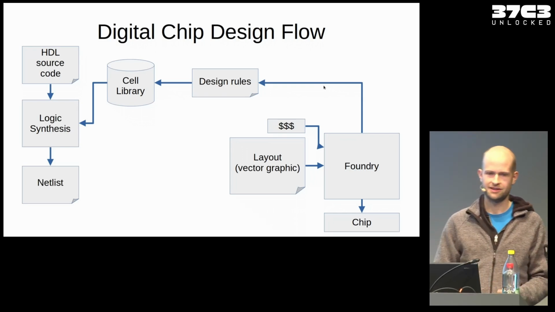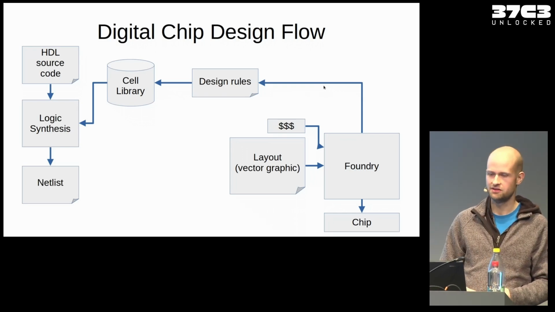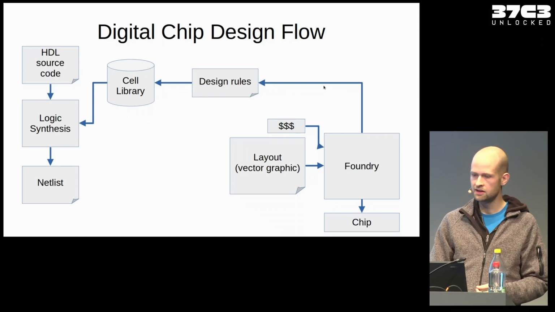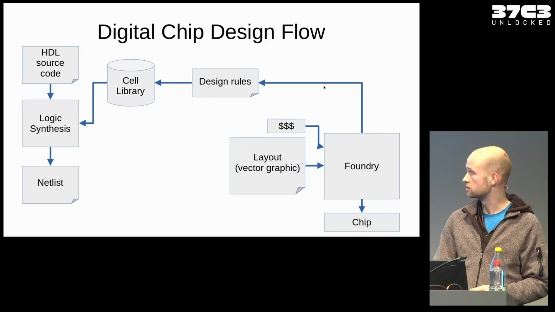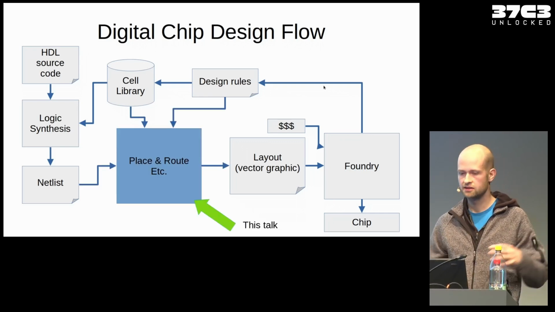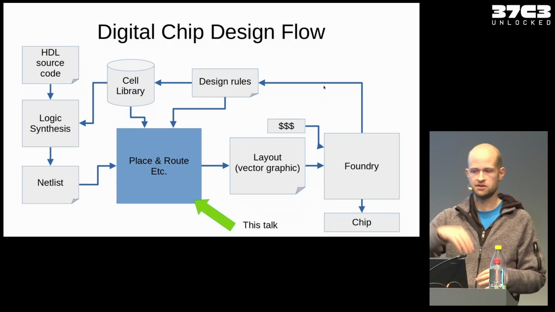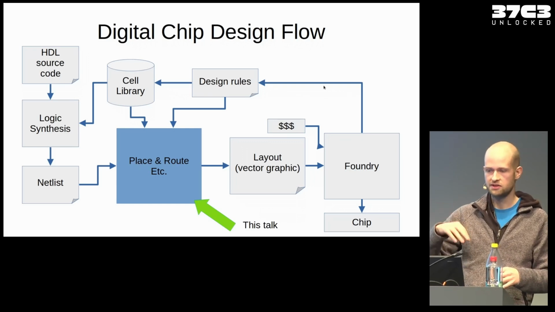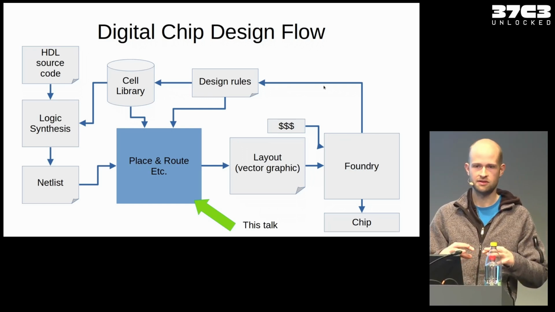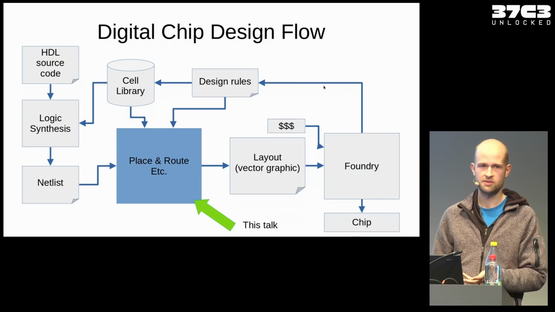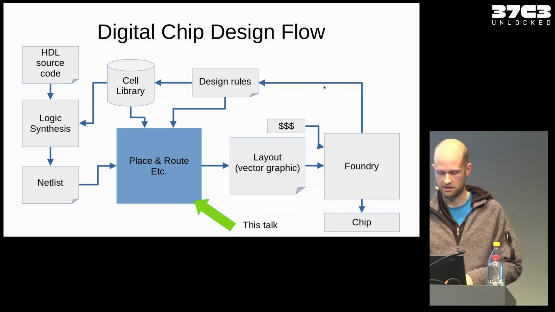That's basically like a text representation of a circuit. And now there's a big piece missing. That's the place and route toolchains, which basically take this netlist, they take the information from the foundry, the design rules, they take the standard cells, and they assemble it into a circuit representation that can actually be sent to the factory for fabrication.